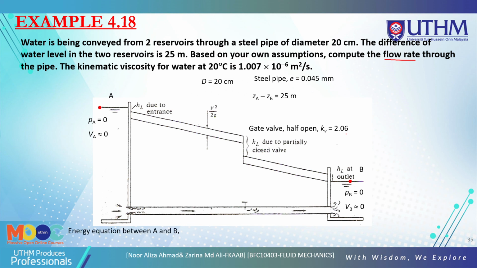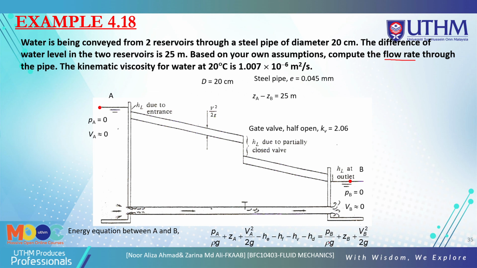Energy equation between A and B using the Bernoulli equation. So we get the pressure A here, and the V_A here, and also the Z_A, and the H_E minus H_F minus H_V and H_D.